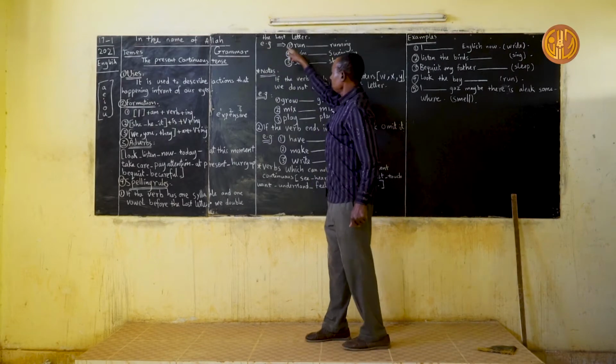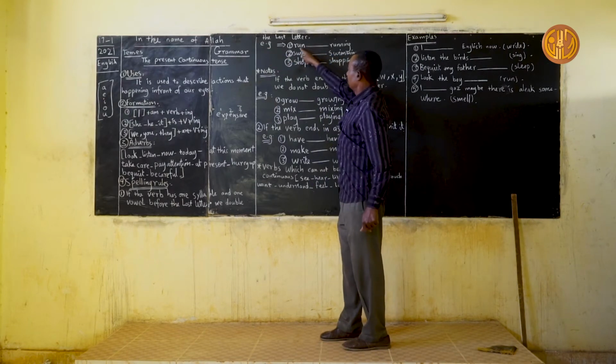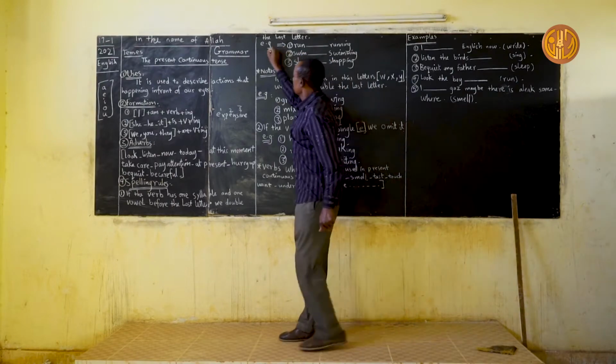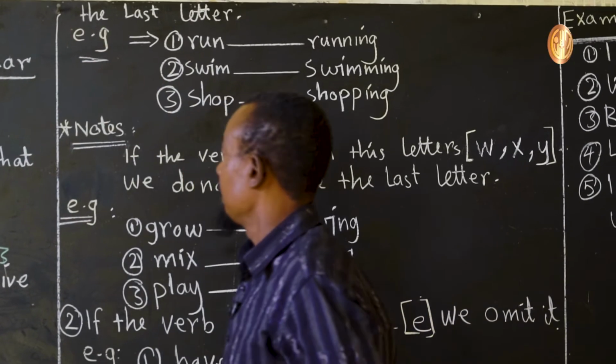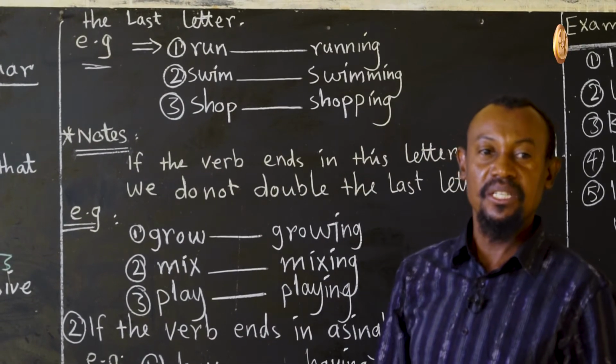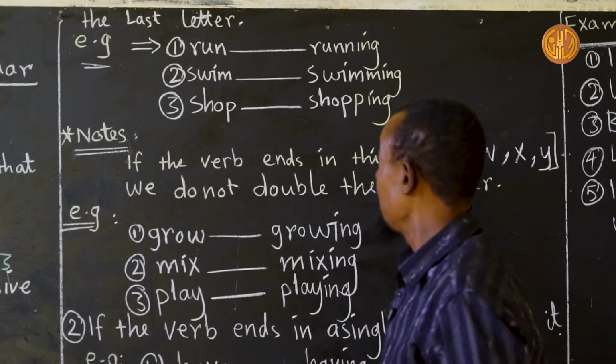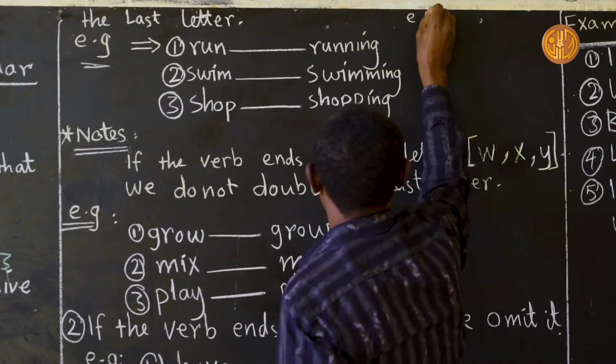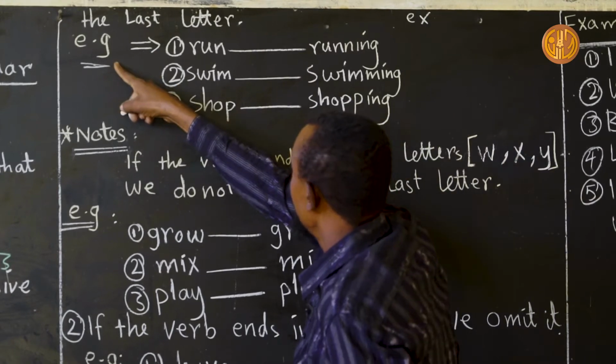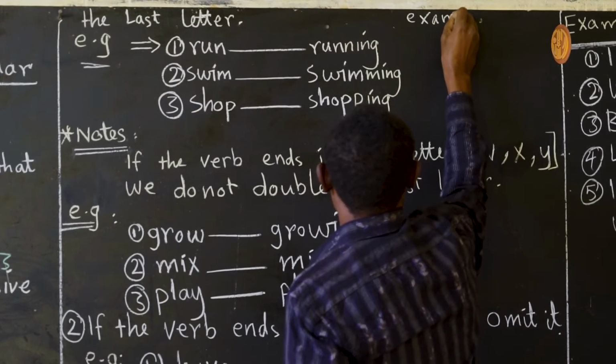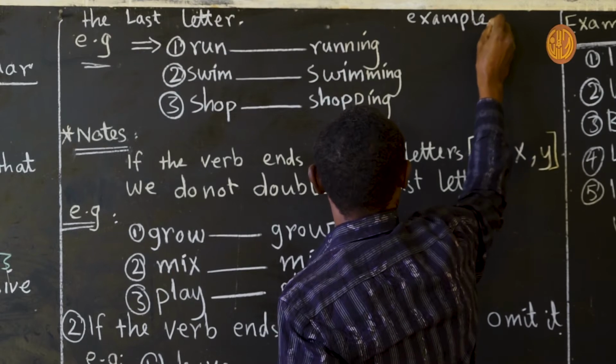Example, like this. Run. The word example. It is the abbreviation of the word example. This is the abbreviation, E-G, of the word example.